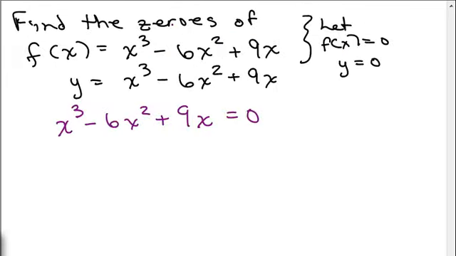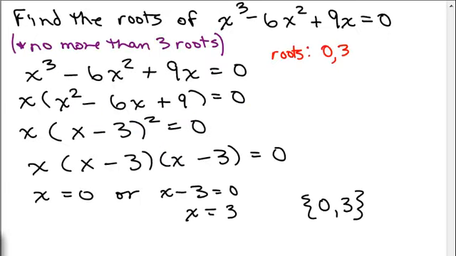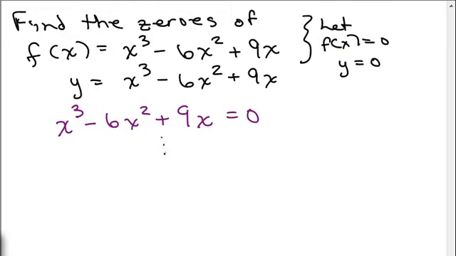So when I say find the zeros, I am going to set it equal to 0 and solve. Since I solved just a minute ago, what did we get for the roots? We got 0 and 3. So let's say we did all that work again and we found x equals 0 or x equals 3. We just found the zeros. The zeros are 0 and 3.